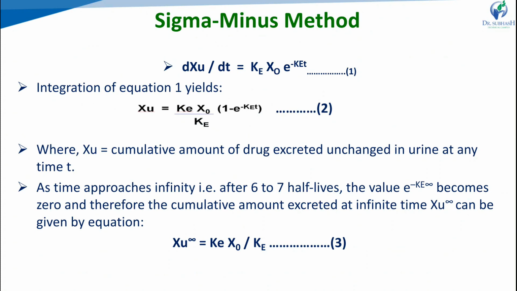At infinity, after 6 to 7 half-lives, the value of e raised to minus Ket becomes 0, and therefore the cumulative amount of drug excreted at infinite time, Xu infinity, can be written as Xu infinity = Ke X0 upon Ke.